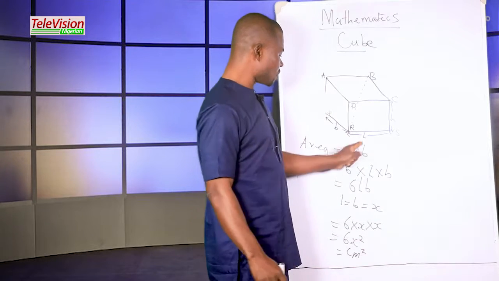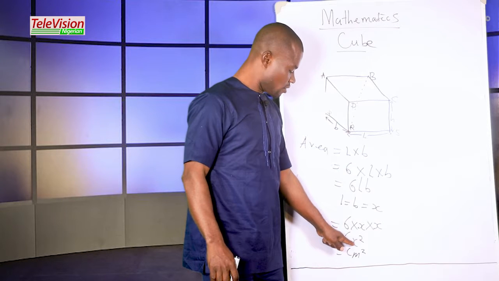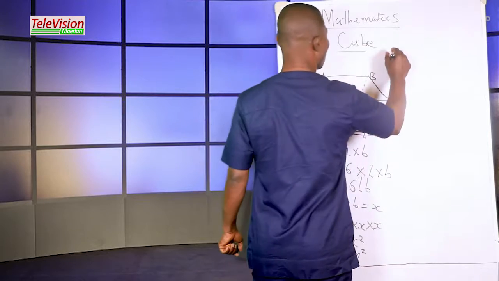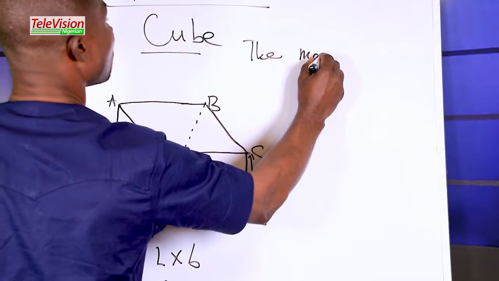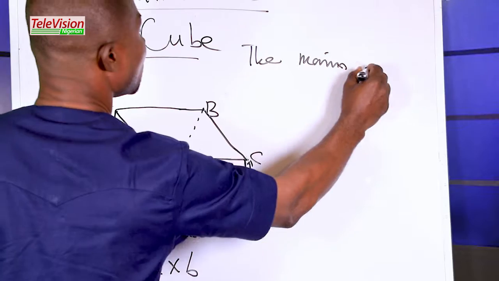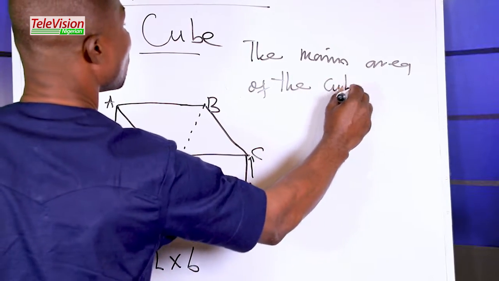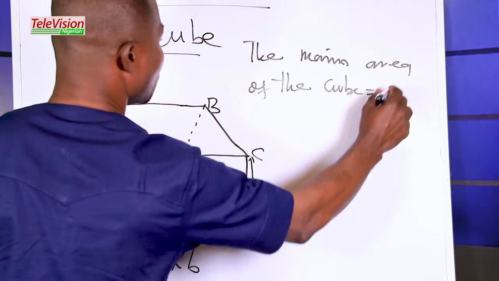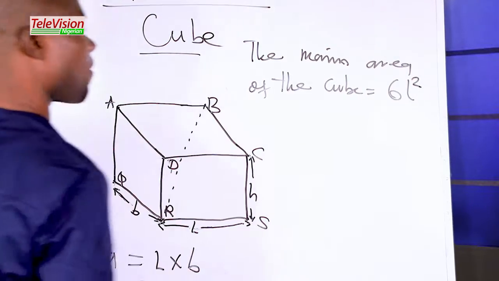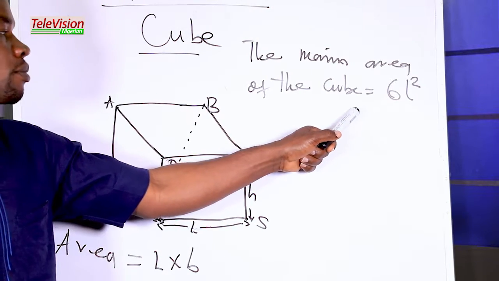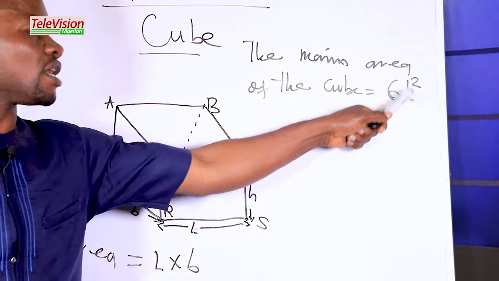If we substitute L for this X, the area of the cube is equal to 6L squared. For now, we'll be using the area of a cube as 6L squared.